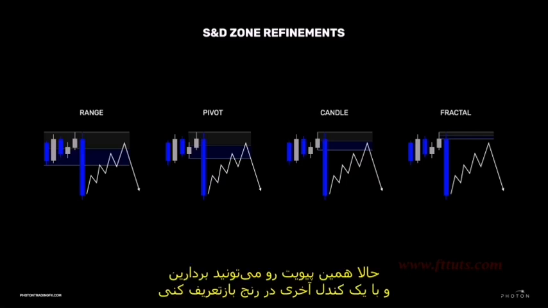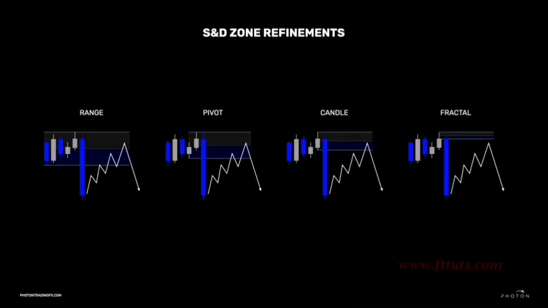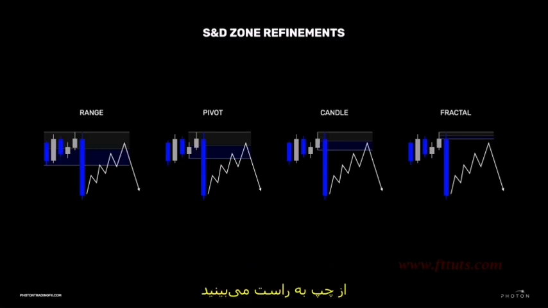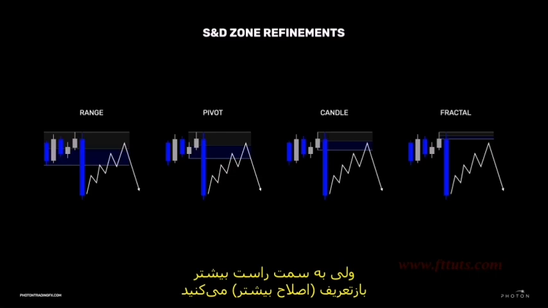You can then refine this even further to just the last single candle of that pivot point within the range. And then finally, if you want even further refinement, you can draw the supply zone from just the wick of that last bullish candle of that pivot point within that entire range, okay? So you can see that going from left to right, they are all the exact same price action example, but you are just refining it further and further as you go across to the right.